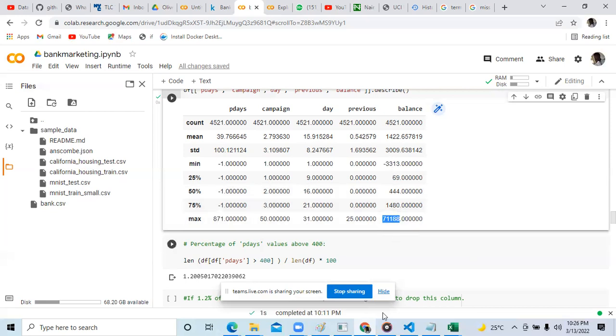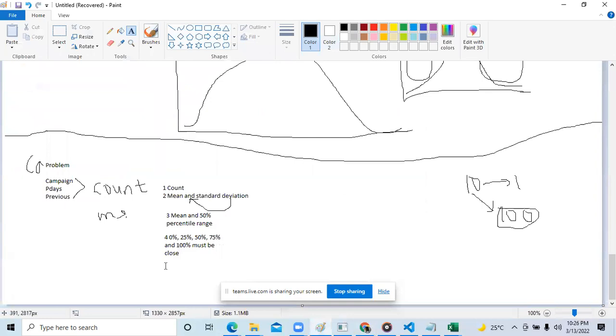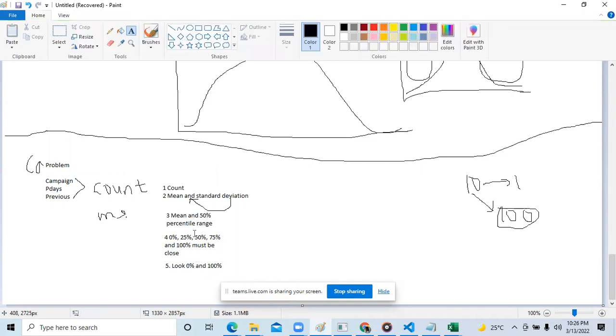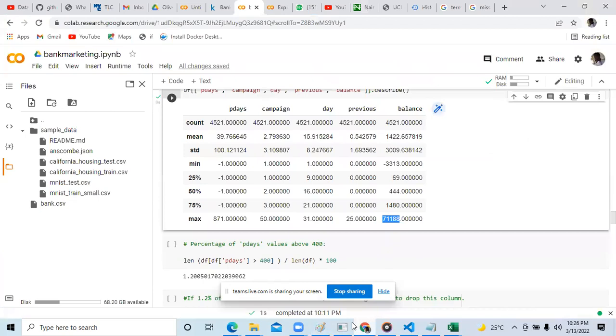And then the last condition, which is not far from this, is that you look at 0% and 100%, right? Which is not too far from this, right? So these 5 conditions, let me see if there is something else I've not mentioned.